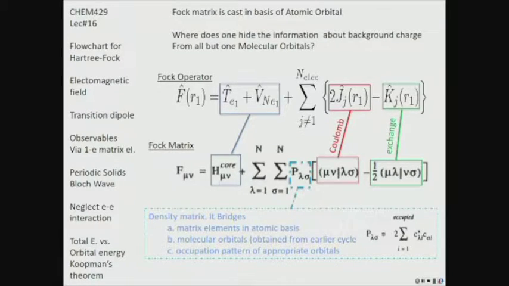Then one formulates the Fock matrix that does depend on atomic orbital indices. And this first term is the kinetic energy of a single electron and attraction to all ions. So this is an equation from a page from a book.